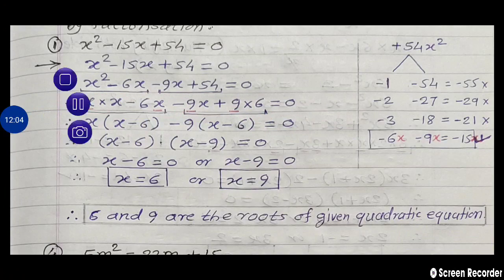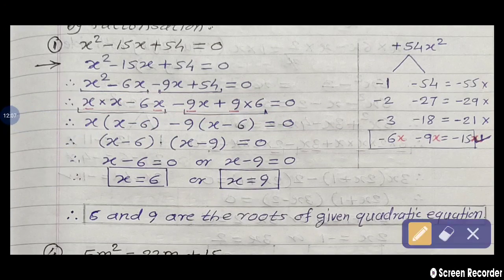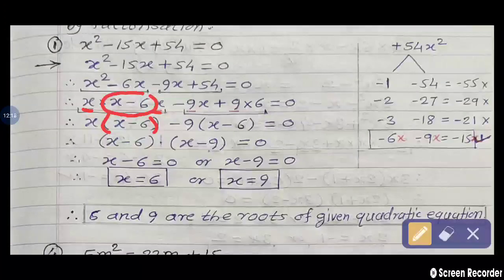So we are taking the common factor now. In the first 2 terms, x is common. Check there. So x is common. What is remaining in the bracket? So x and minus 6 remain. Check there. Next 2 terms, what is common? That we underlined by pencil. Minus 9 and here minus 9.